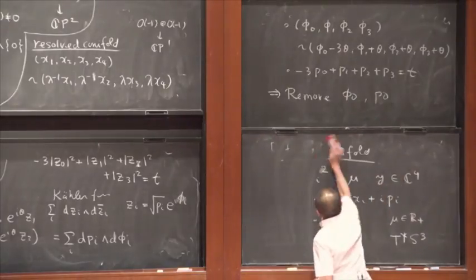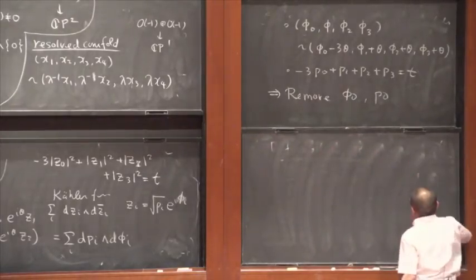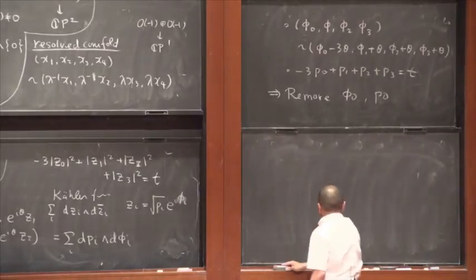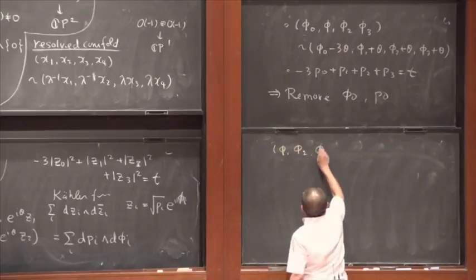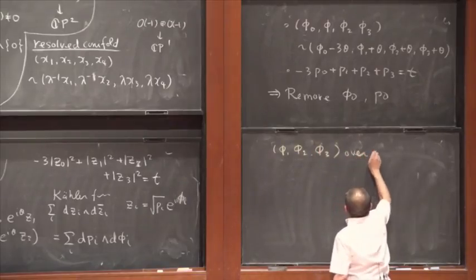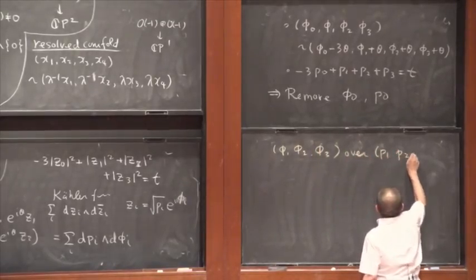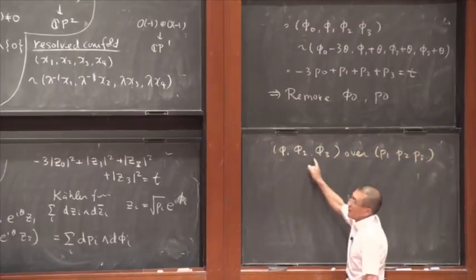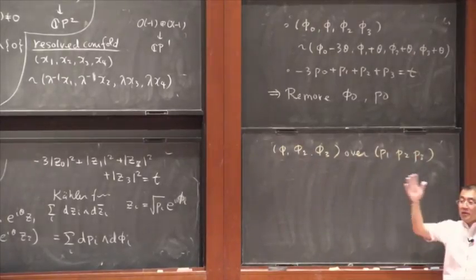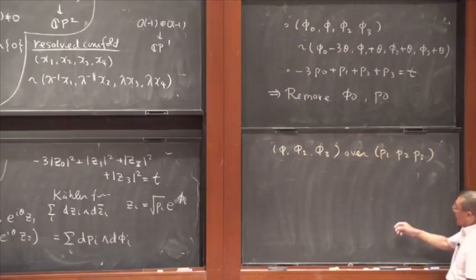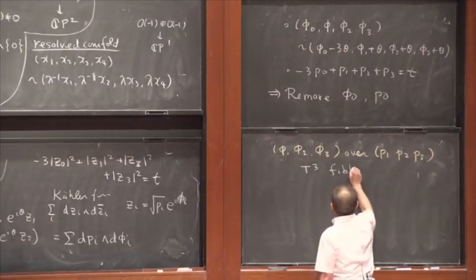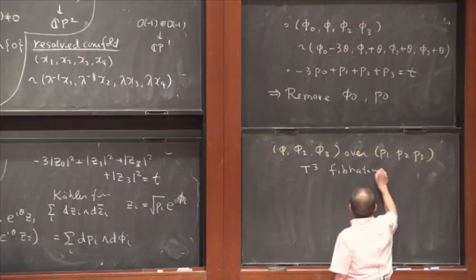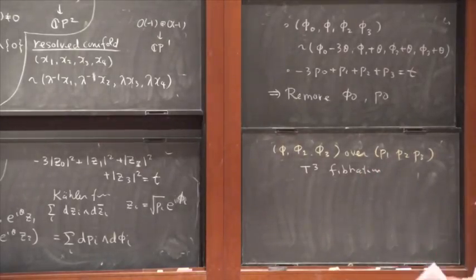Well, you get a space of phi 1, phi 2, phi 3 over a space of p1, p2, p3. Phi 1, phi 2, phi 3 are periodic, so they are like coordinates on a torus. So you get a T3 fibration over the space of p1, p2, p3. But what is the space of p1, p2, p3?